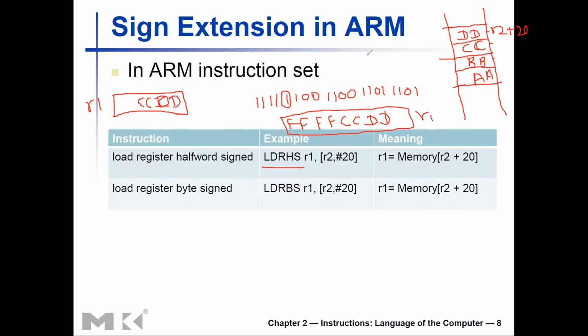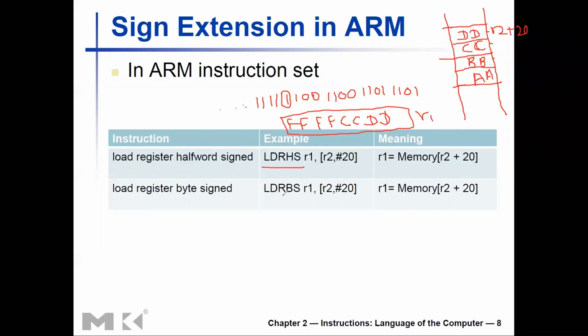This is R1. Since we don't have enough space here, I'll remove it here. So this is how you load a half word from memory and extend the sign. So is it clear now?